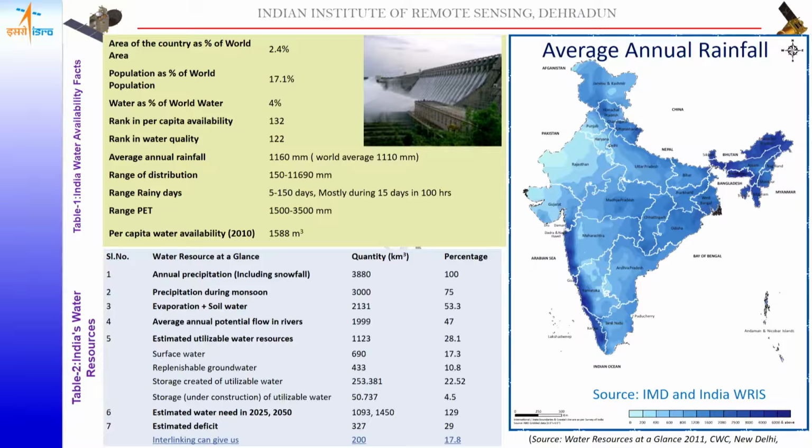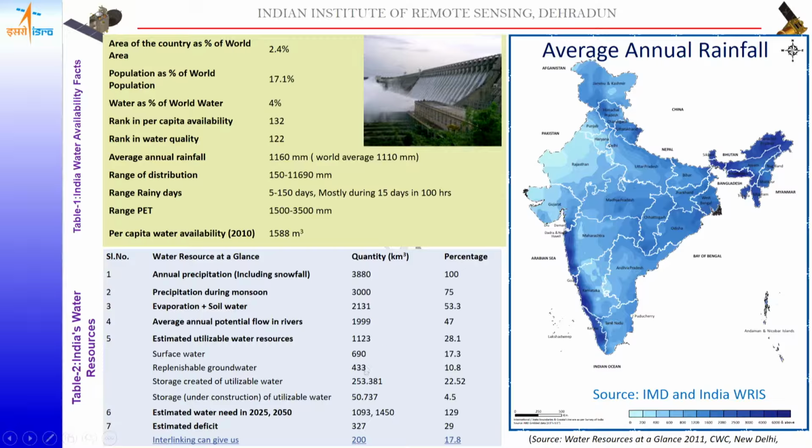That is why if you see the per capita water availability, presently in 2025 it is 1093, and by 2050, because population is increasing, it is going to decrease to 1450.